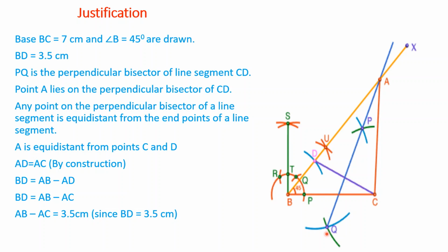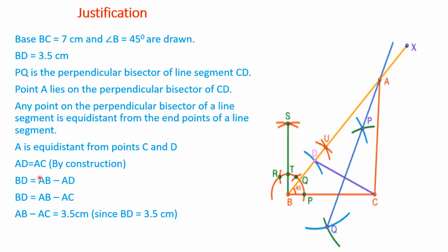Now we have extended this line and it intersected the line BX at point A. Now we have joined AD and AC. Now see, CD is a line and this is a perpendicular bisector, and A lies on this perpendicular bisector. So this point is equidistant from the endpoints C and D. So AD equals AC.